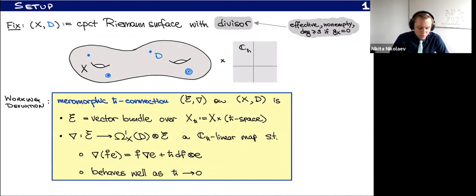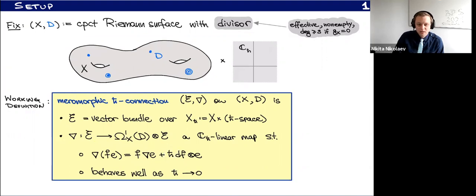So a meromorphic h-bar connection, (E, nabla), on this pair (X, D), is a vector bundle on this X cross h-bar space, together with a map nabla on sections of E. It looks like the usual connection, except that the Leibniz rule for this connection is twisted by this parameter h-bar that I've introduced.